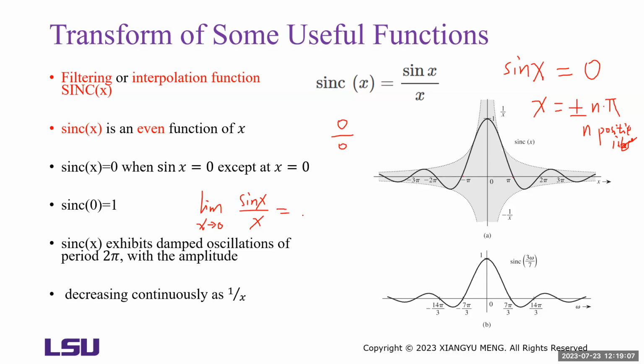Therefore we need to use L'Hopital's rule to differentiate both the numerator and denominator, which gives cosine x over 1. So when x is 0, cosine x is 1.